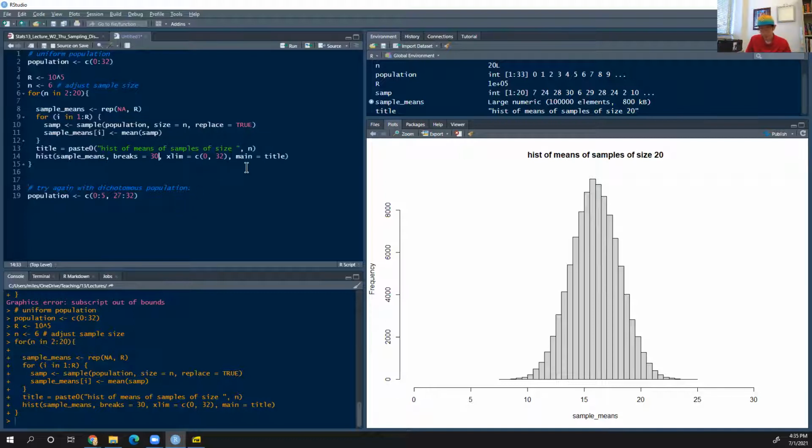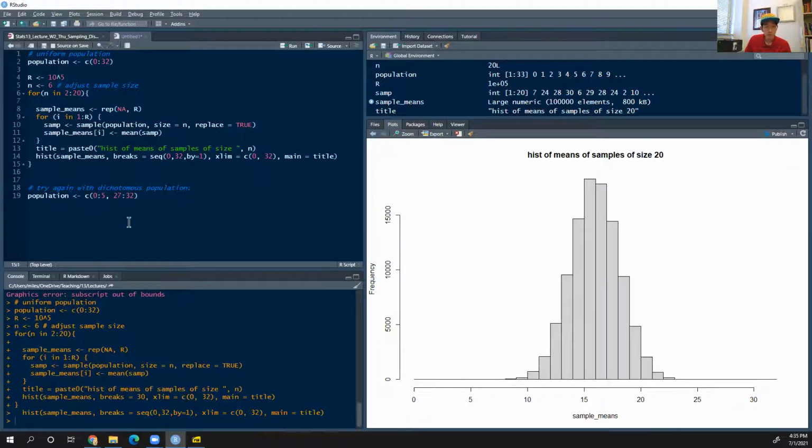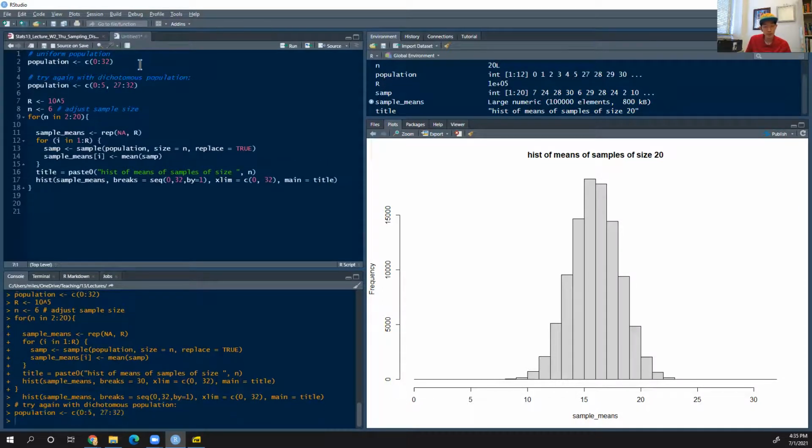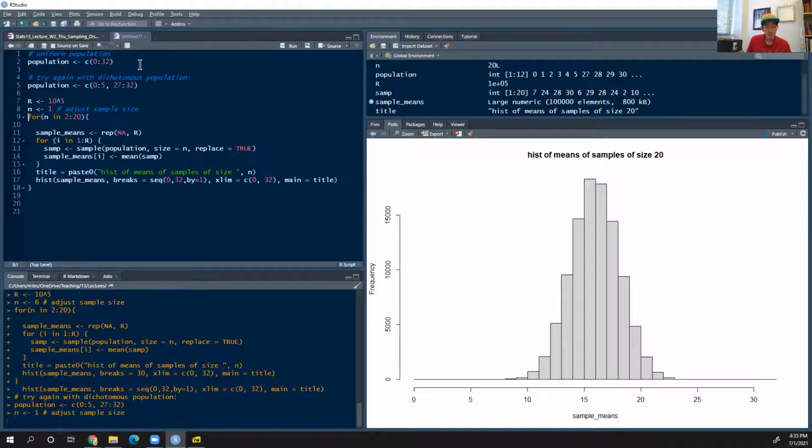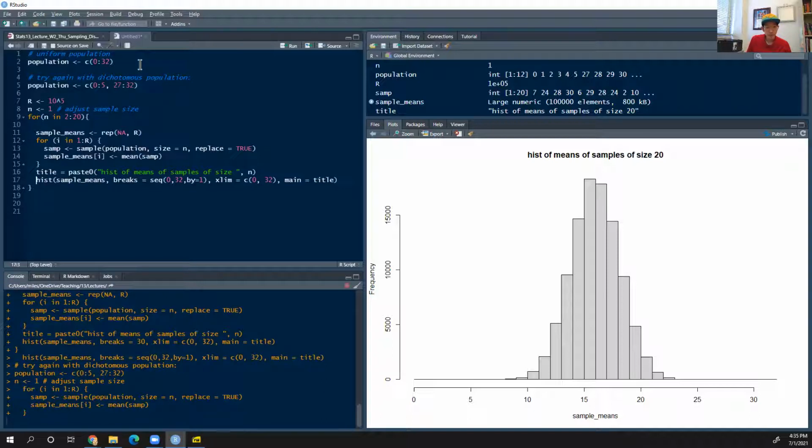Let's try this, all right? So here, let's do a dichotomous population, okay? Let me just show you what happens with a sample of size 1.